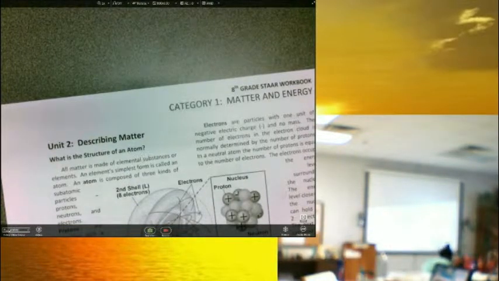You go across here. These numbers represent shells. Your hand be touching the ground.